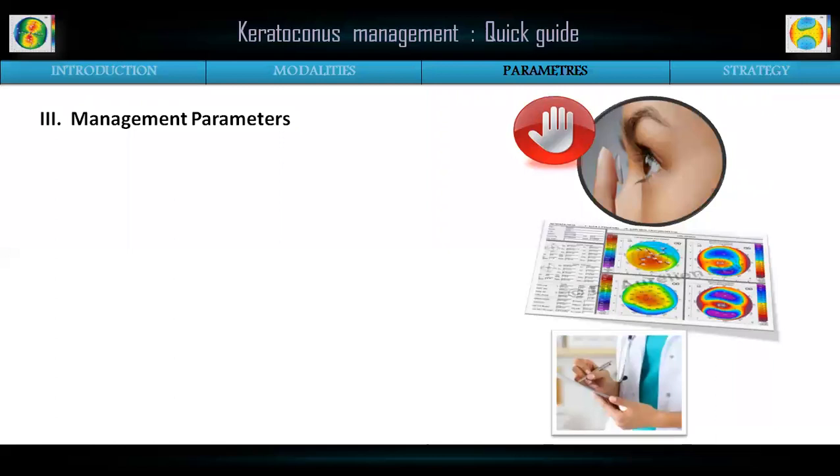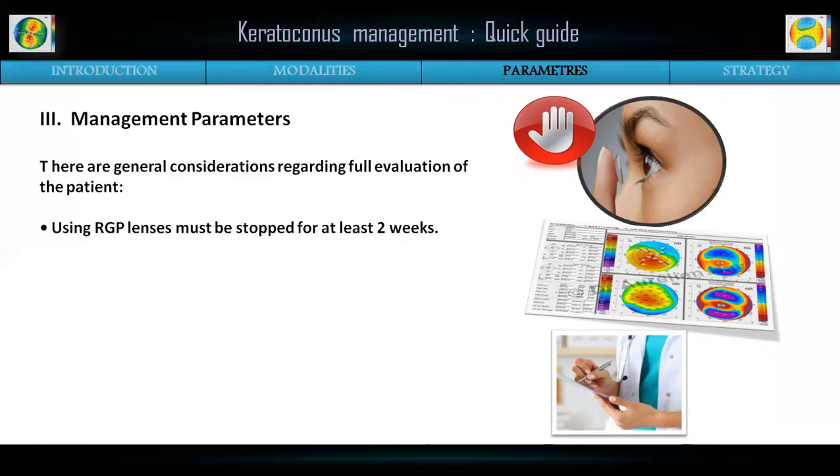Now we will see together the different parameters to study a case of keratoconus. There are general considerations regarding evaluation of the patient. Using RGP contact lenses must be stopped for at least 2 weeks.